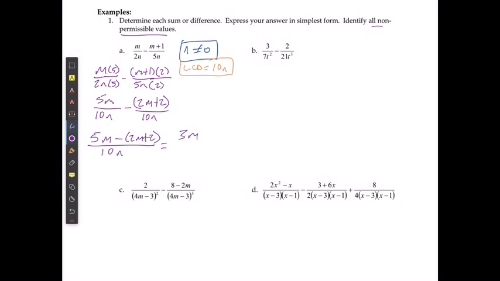And then the minus 2, all divided by 10n. I can't reduce that at all, so there's my answer. And I should state that there's my simplified answer, restating that n cannot equal 0 in this case.